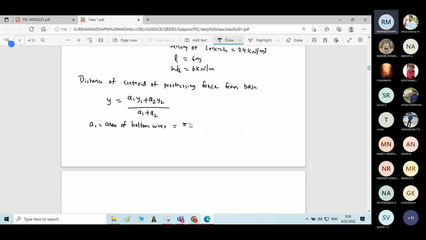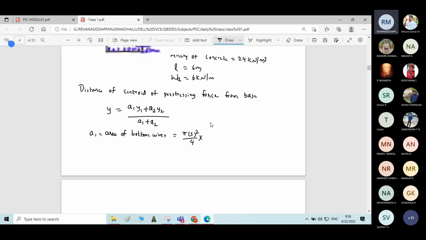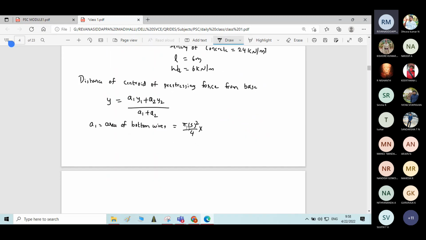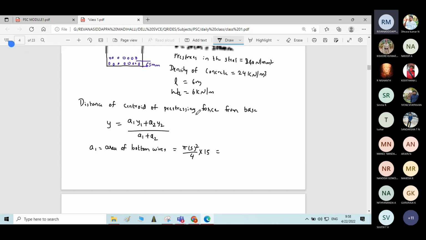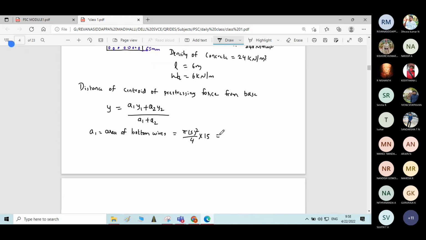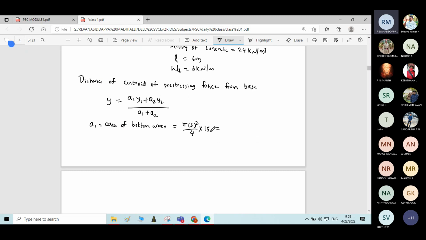Area of one bar will be pi d square by 4, pi into 5 square by 4, multiplied by the number of bars, 15. So area of one bar multiplied by number of bars will give the total area of the bottom bars. If you calculate, you will get 294.52 mm square.